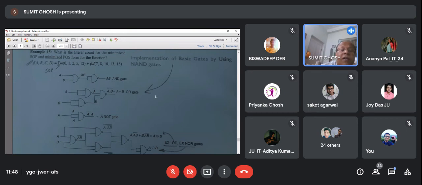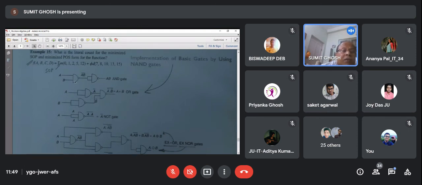So basically you can construct any circuit using NAND gate. A favorite question sometimes in the examination is to construct the basic gates, that means AND, OR, NOT, using only the NAND gate or the NOR gate. I'll come to this later.